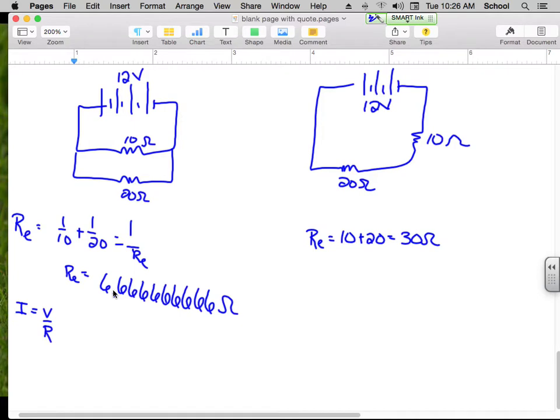So if I want to find the current, I of course is equal to V over R. But here, since there's two different pathways, there's two different currents. So I'm just going to have 12 over 10, and I'm going to have 12 over 20. 12 over 10 would obviously be 1.2 amps going through that wire. And 12 over 20 would be half of that, so 0.6 amps going through that wire, which means how much would be going through this wire?